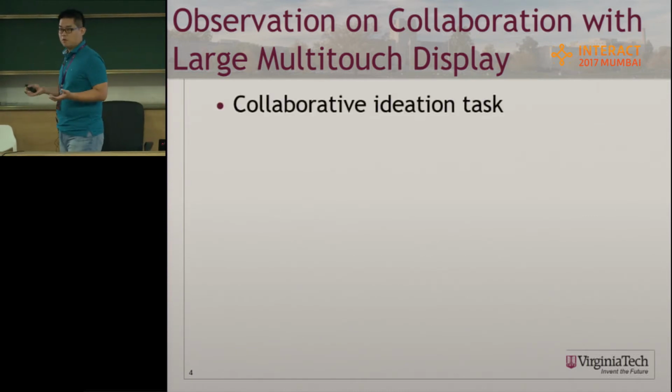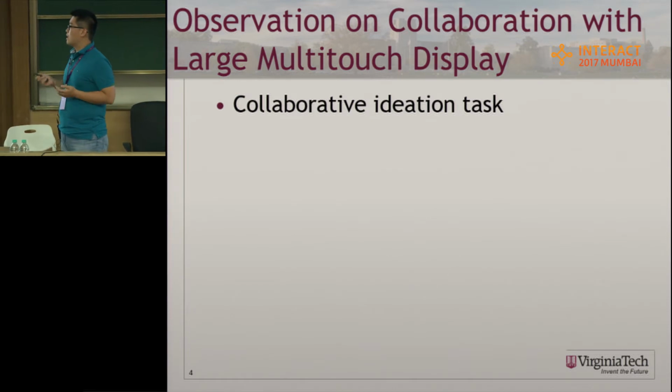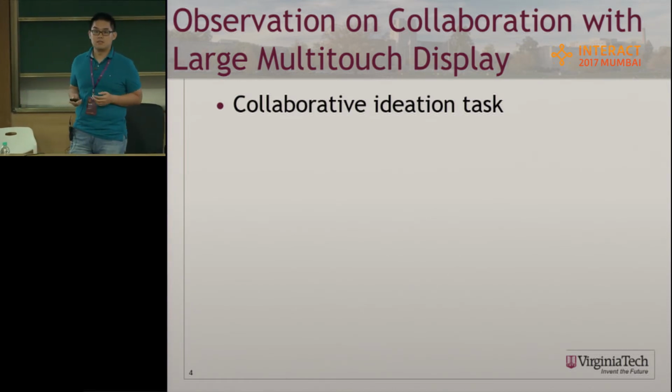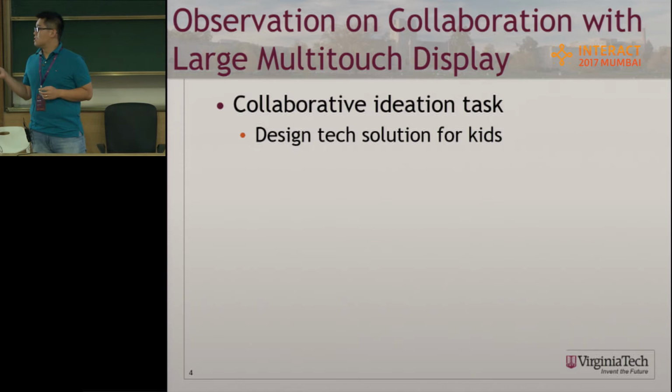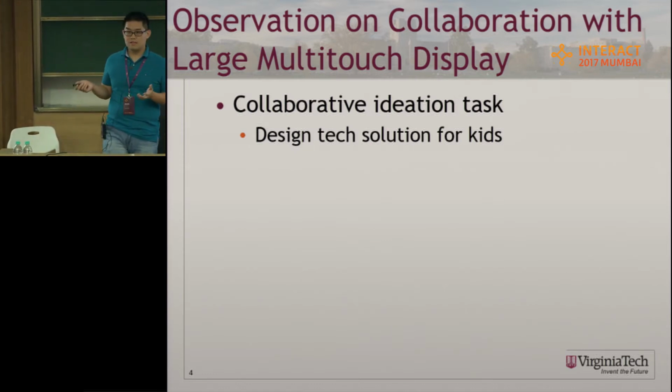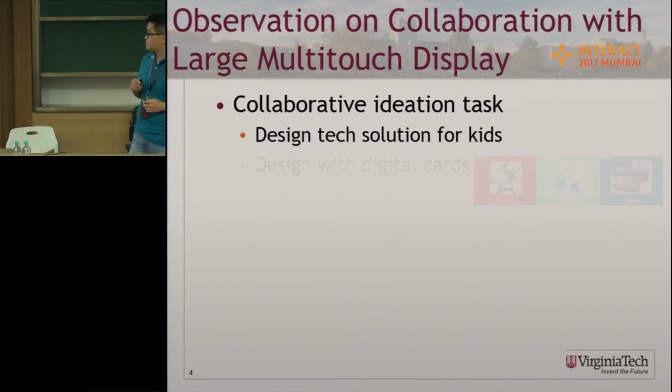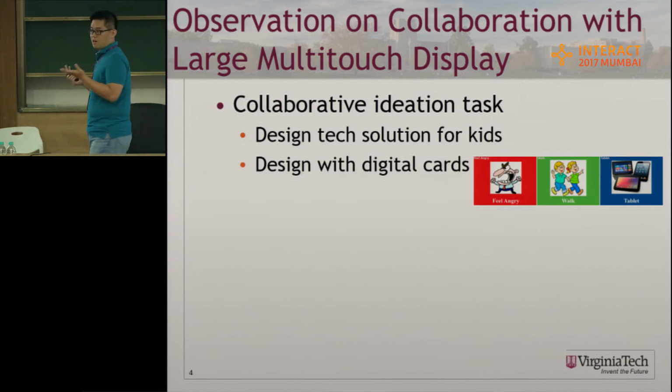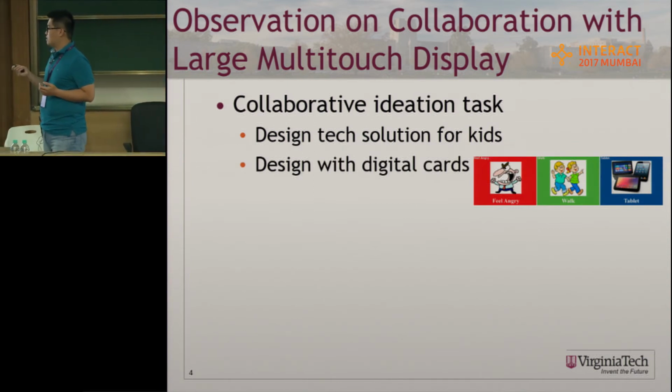We invited people to do a collaborative ideation task with our multi-touch display. We asked them to design technology solutions for kids with our device. The material we provided them was digital design cards.